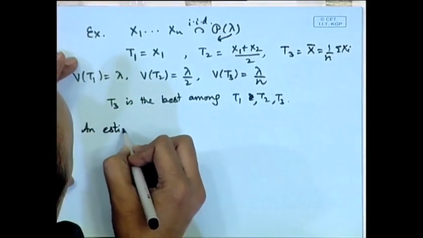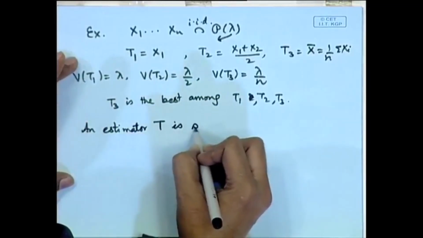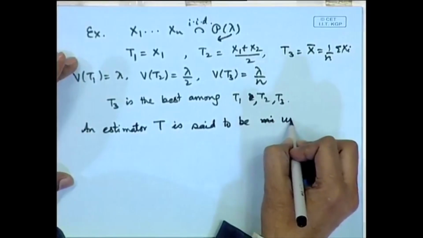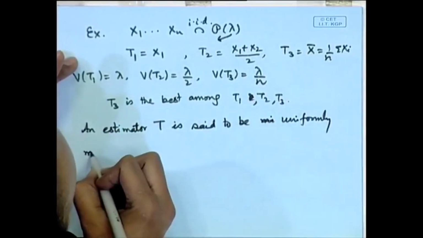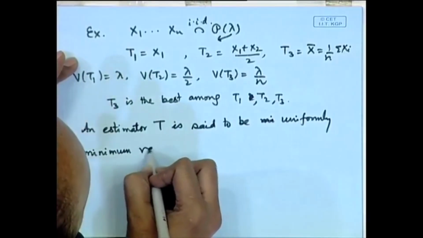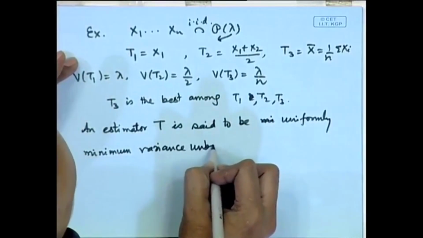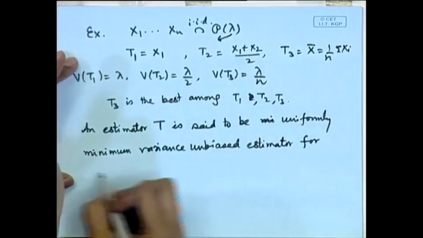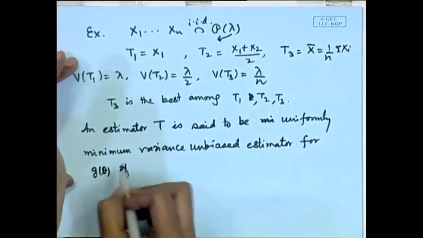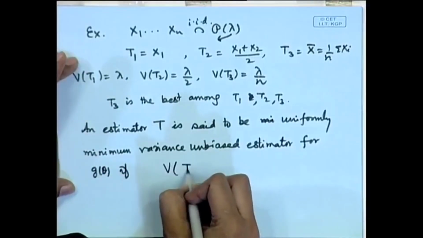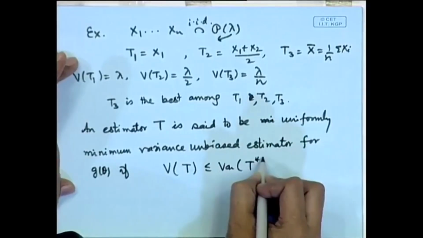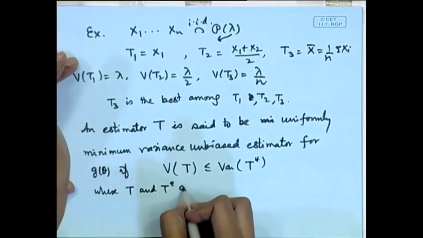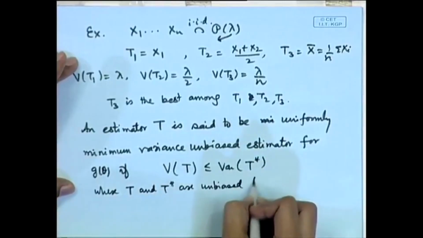So, an estimator T is said to be a uniformly minimum variance unbiased estimator for g(theta) if the variance of T is less than or equal to the variance of T star, where T and T star are unbiased for g(theta).